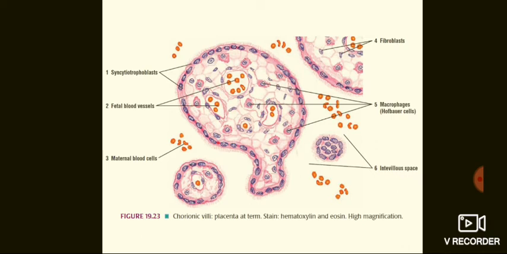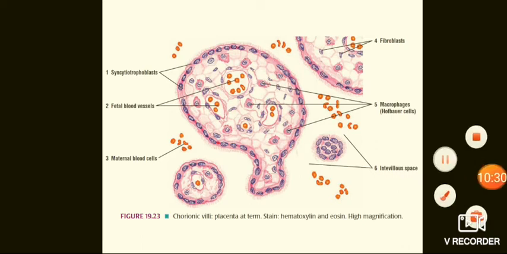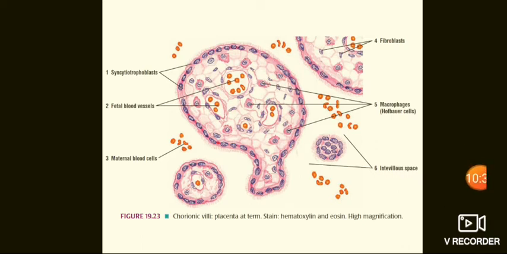The fetal capillaries have mature blood cells which are non-nucleated cells. At term, the placental barrier is formed by the thin layer of the syncytiotrophoblast and basal lamina of the fetal capillaries and the endothelium of the fetal capillaries, because the cytotrophoblast has disappeared and the mesodermal core has become thin.